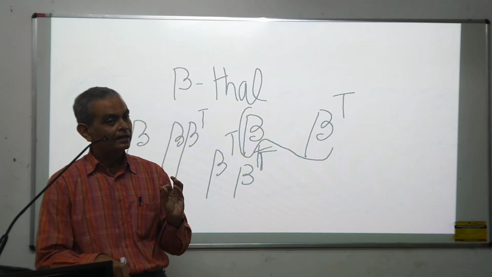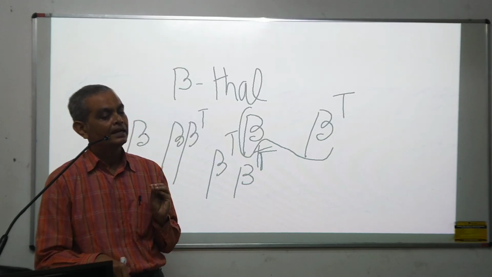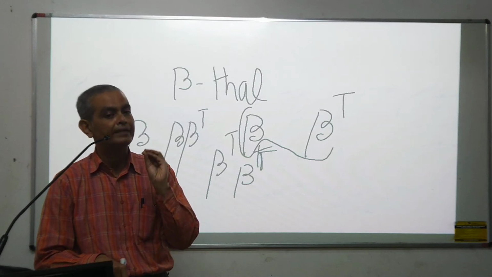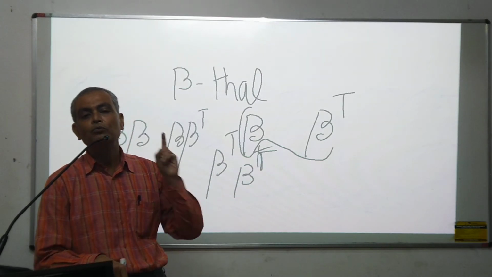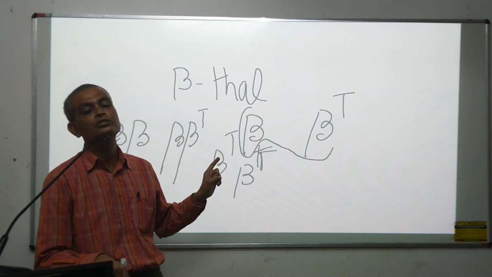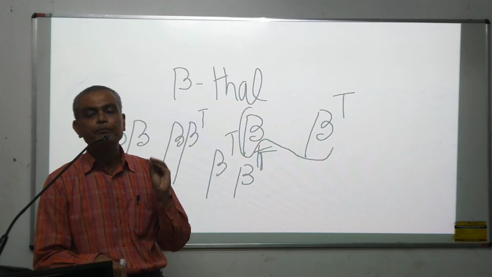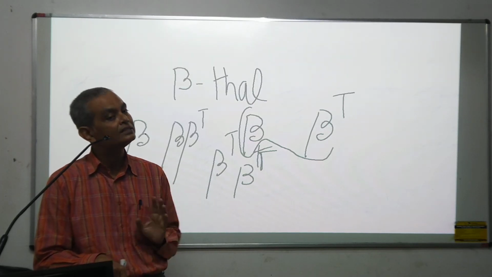So they are the persons who are suffering from thalassemia disease, and they are known as homozygous thalassemia or thalassemia major. And the intermediate zone is where one gene is defective and one gene is normal. So beta beta thal, where theoretically 50% or less of the beta chain is not synthesized.